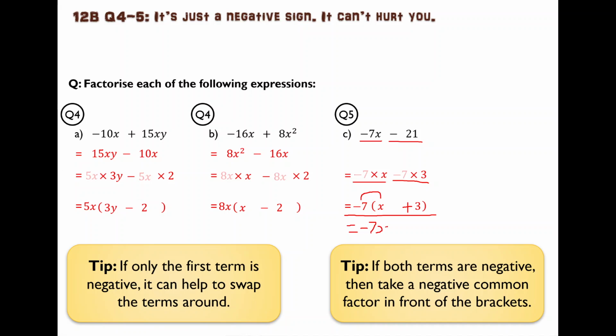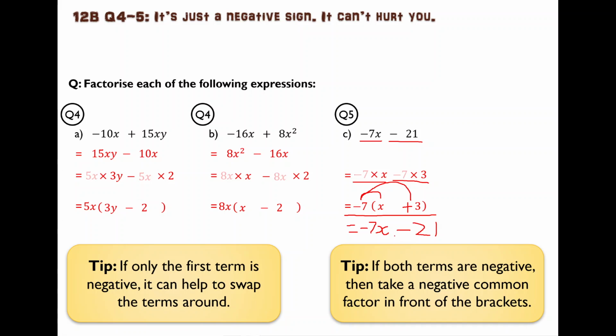This is going back to when we did expanding brackets. Now I have negative 7 times 3. A negative times a positive is a negative. 7 times 3 is 21. Oh, awesome. That is what I started with.